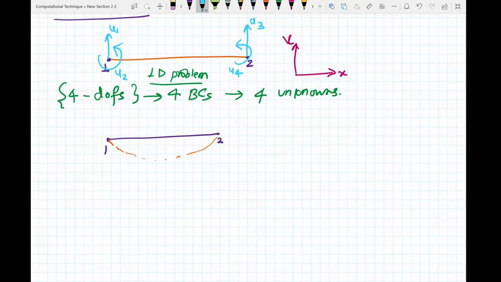Now for this case, we are interested to find the displacement at, say, a certain point like here at x distance from this end. So let this be 0, this be L. So we want to find what is the displacement here, ux.